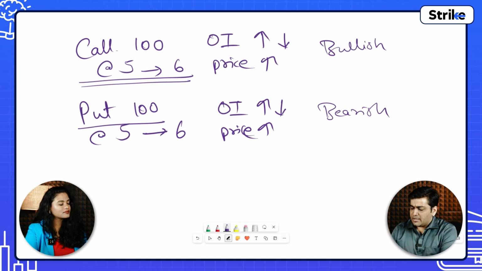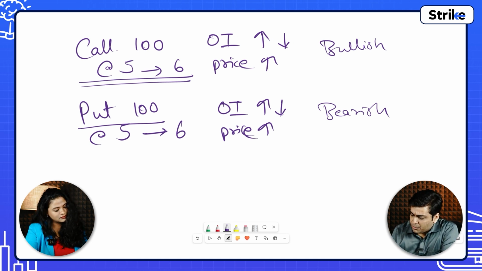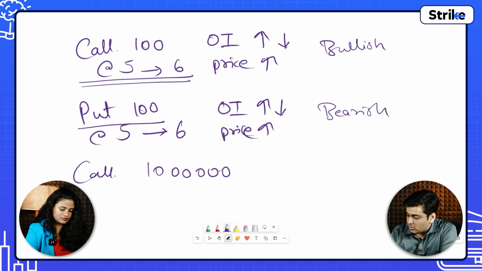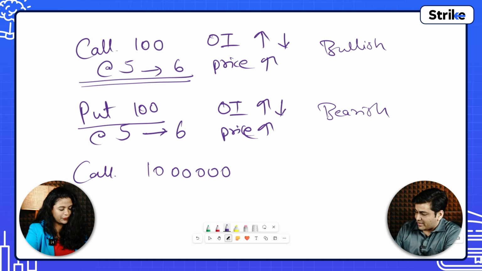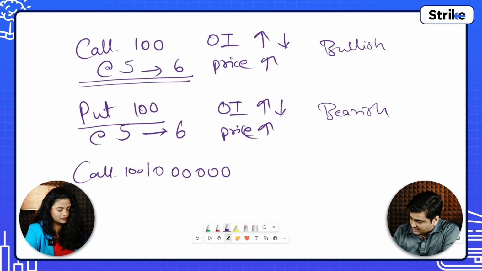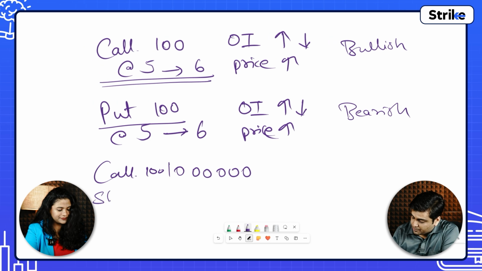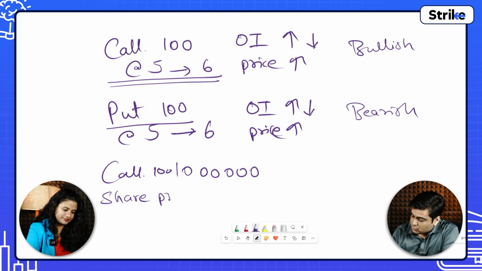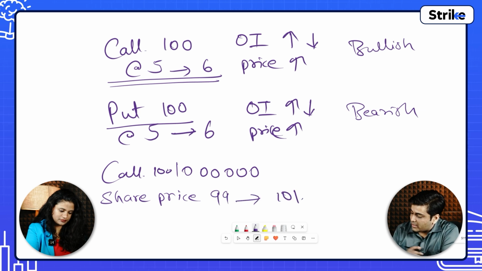Now, let's say for a particular call strike, around 10 lakh contracts were open. Now we see that for call 100, the underlying share price has gone from 99 to 101.